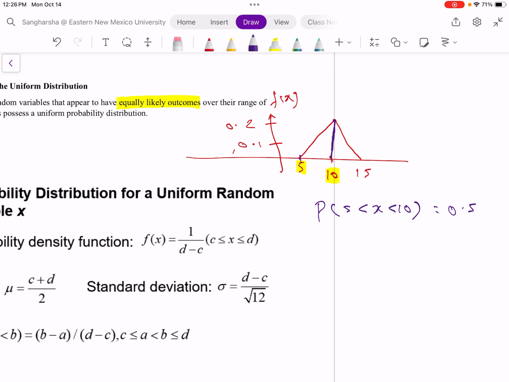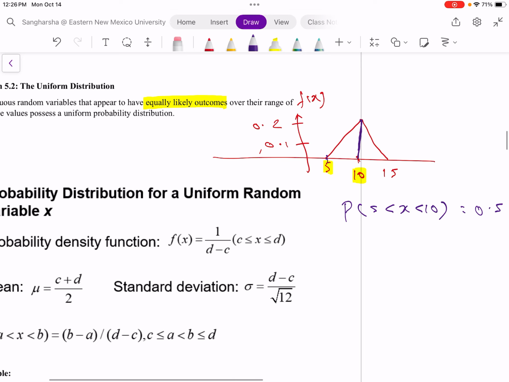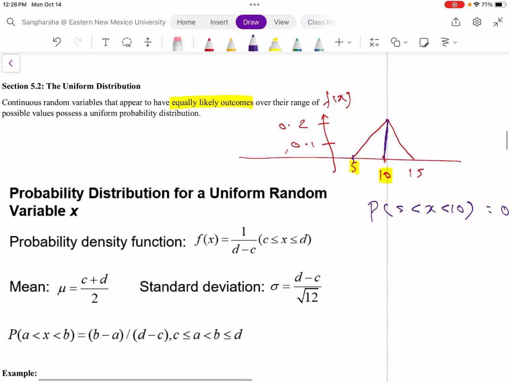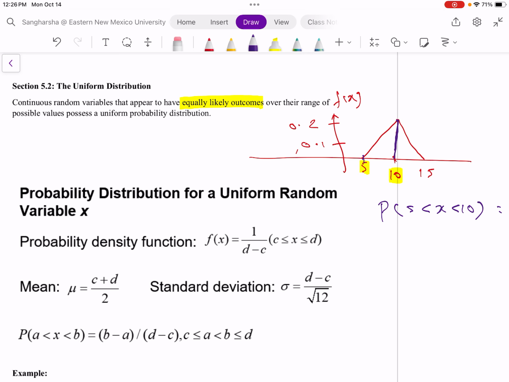Now, in the uniform distribution, we have the graph. Let's consider we have this graph. We have f of x, and let me call this A, this B. Now, in this picture, what is the height of the graph at A and B?